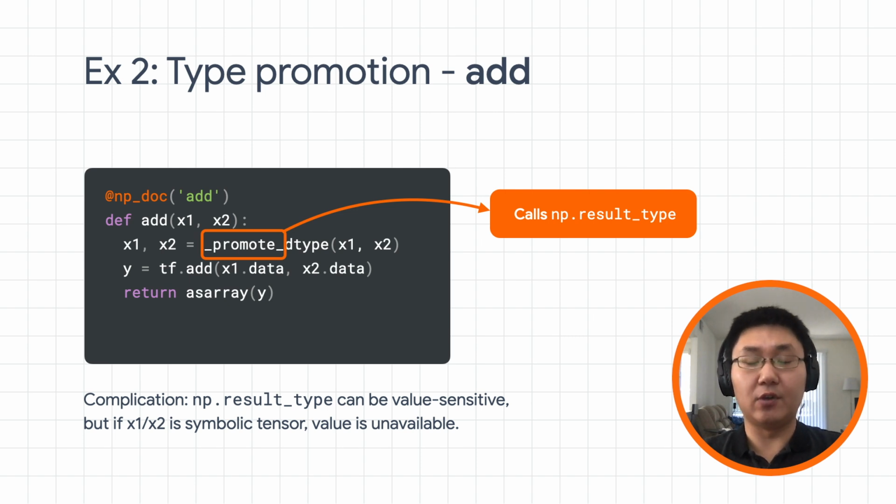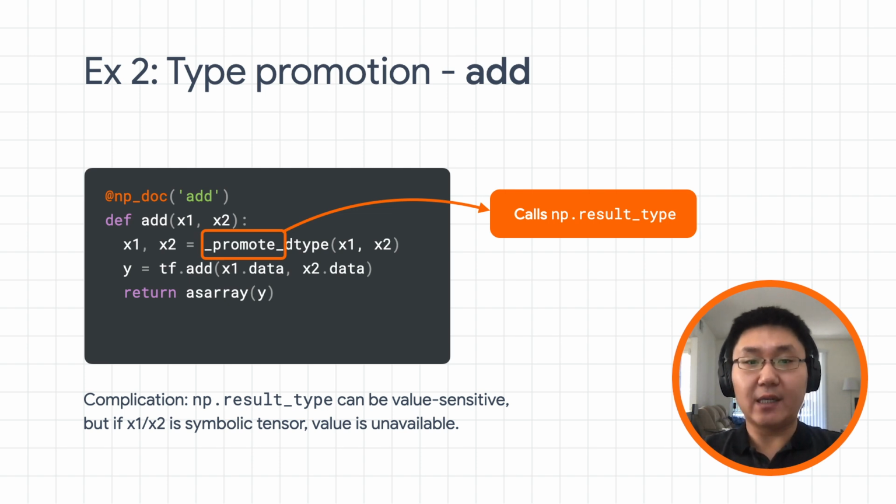So we have to promote all the related arguments to the common dtype. So we have our own promote dtype utility function, and internally it calls the official NumPy result_type function. So our type promotion rules are exactly the same as NumPy dtype promotion rules.